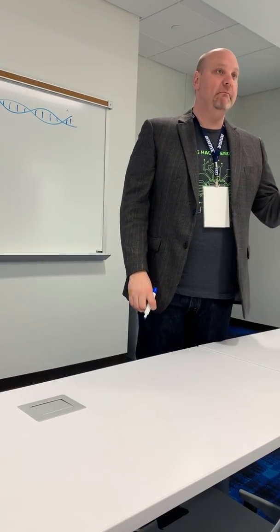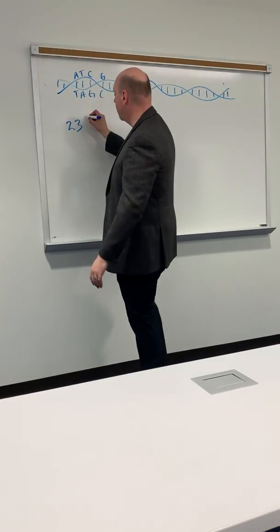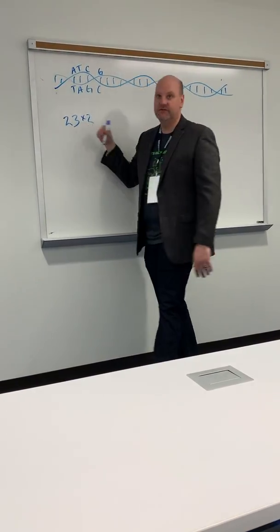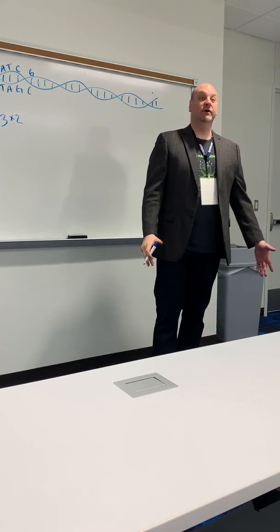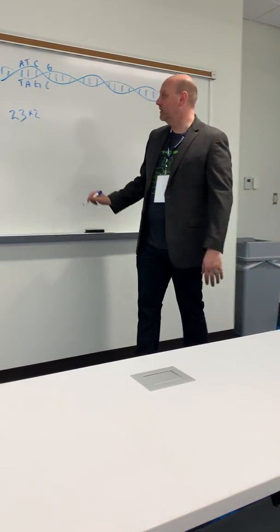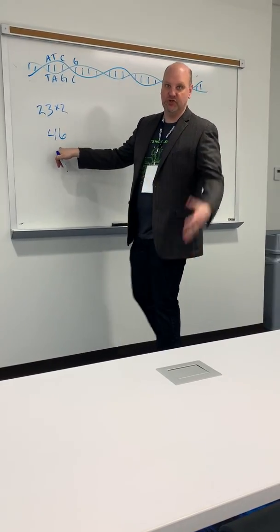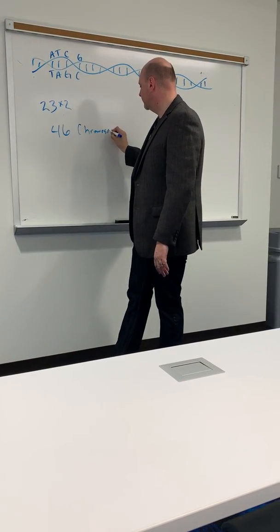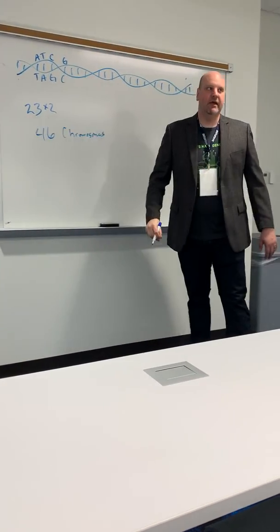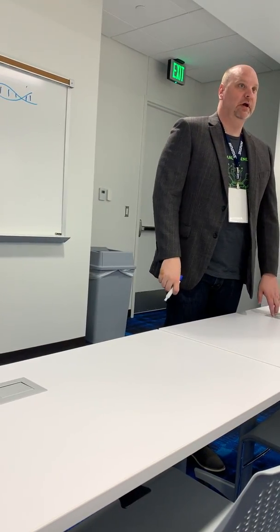Now, because you are human and because you have a mom and a dad, you get 2 copies of each of these 23 bits for a total of 46. So in a human, there are 46 bits of DNA, chunks of DNA, and we call these chromosomes. So that becomes important in challenge 1 and 2. All right, chromosomes are important.